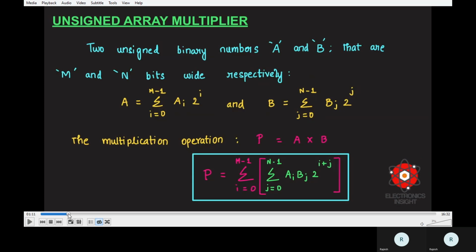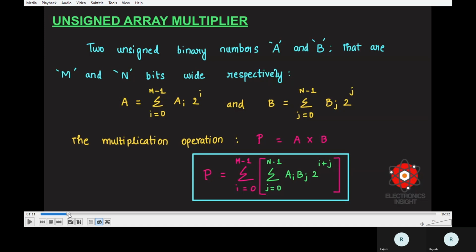Your multiplicand is capital M, multiplier is capital N. If you multiply each multiplier bit with the multiplicand, it will have N rows, and the size of each row will be m bits. Each multiplier bit multiplied with the multiplicand produces partial products. These partial products are added to get the final sum, and this final sum will have m plus n bits. This is what we covered in the earlier topic.